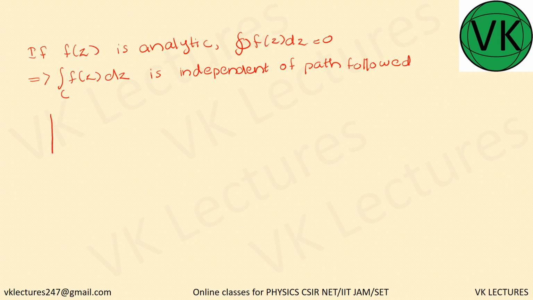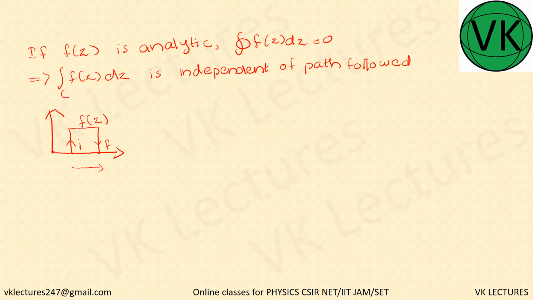For example, this is the graph. This is an initial point. This is final point. This is f of z. So here this is independent of the path followed.